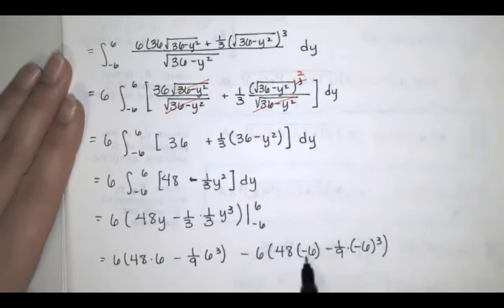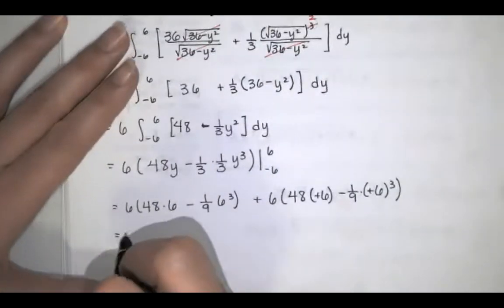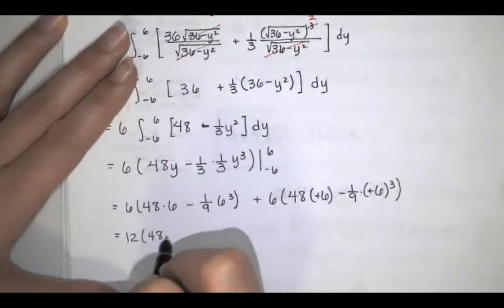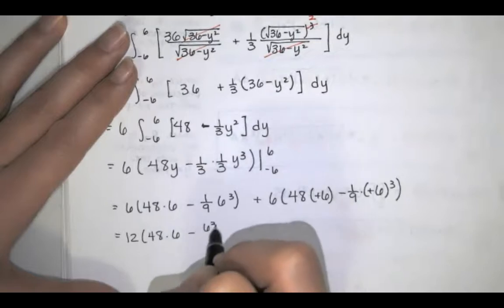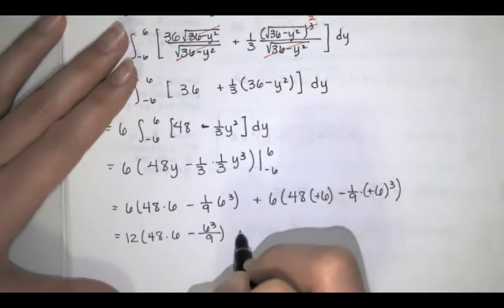But you see, if you distribute that negative, that would make that a positive there, and that would make that a positive. And so we end up with this and this. Well, those are the same. So I would have 2 times 48 times 6 minus 6 cubed over 9.